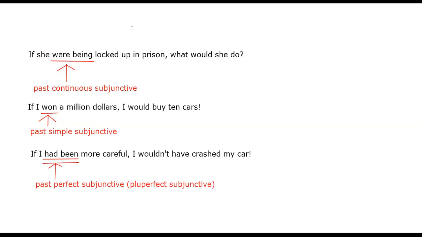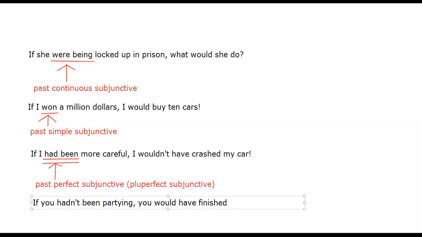So with one last example, let's have, if you hadn't been partying, you would have finished your assignment by now. Let's say that. You can do an inversion. Yeah, I'm about to type an example with that. So if you hadn't been partying, you would have finished your assignment by now.